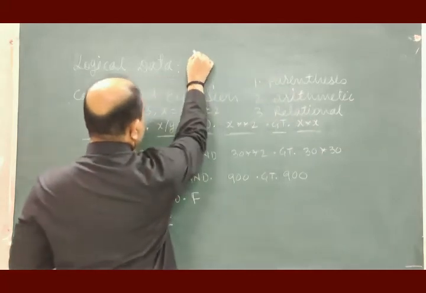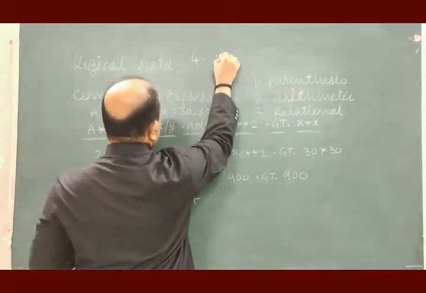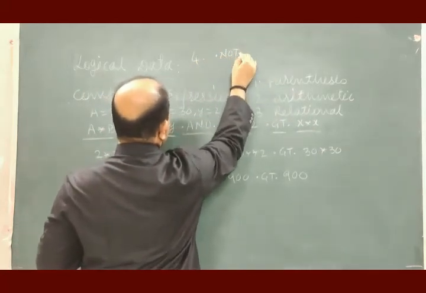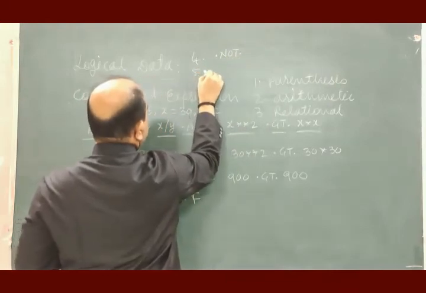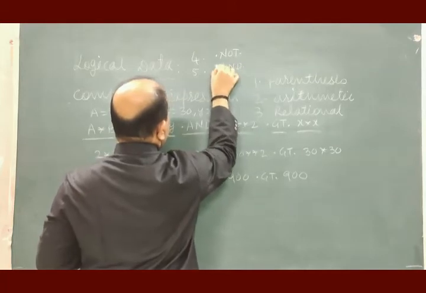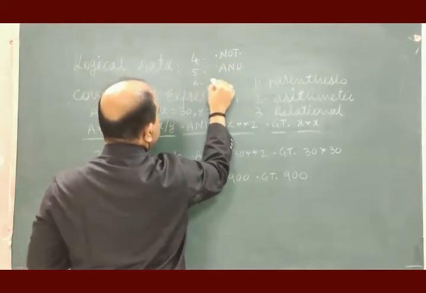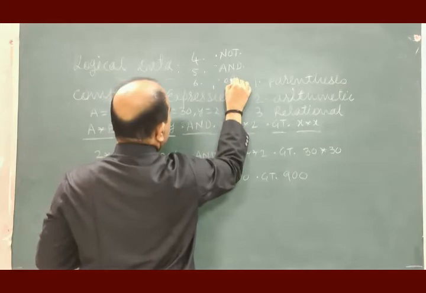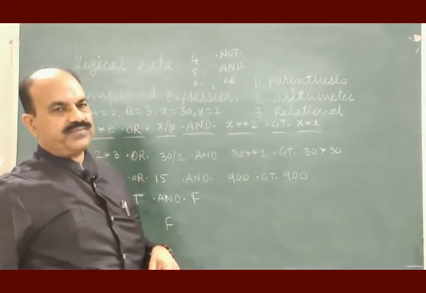Fourth priority is given to NOT operation. Fifth priority is given to AND operation, and sixth priority is given to OR operation.